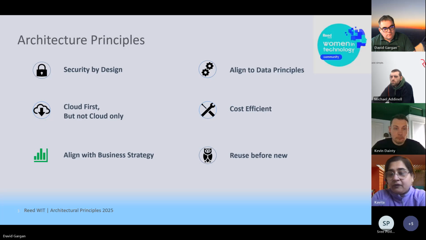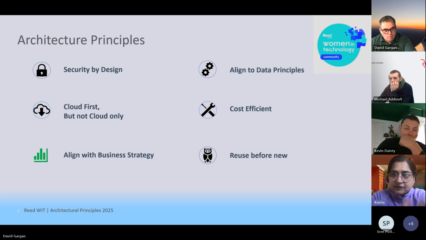In a lot of organizations, technology is there to support what the business wants to achieve, and any technology solution, whether it's cloud-based or not, if it doesn't align with the overall business strategy, what the business is trying to achieve, there's no point of having that.